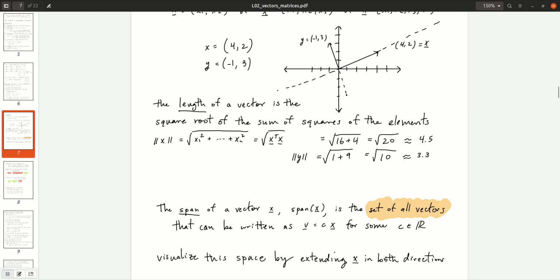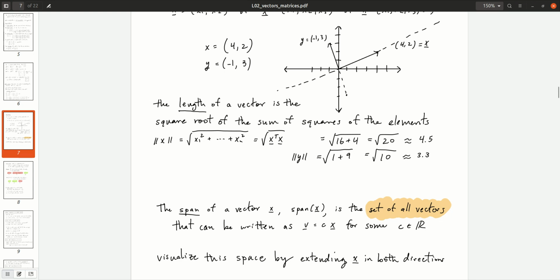We can visualize this set of vectors, and I'll say a little more about what I mean by a set in a minute. Take this vector x, so let's stick with the example 4, 2, and extend this line infinitely in both the positive and the negative direction. Any vector that you get by picking a point along this extension of the line is an element of the span of x.